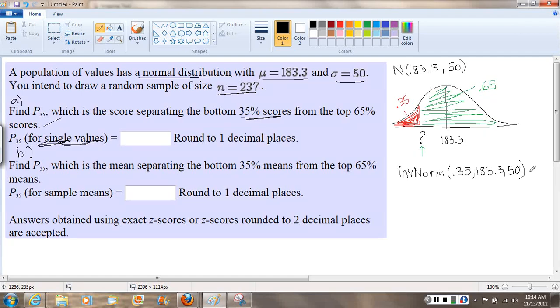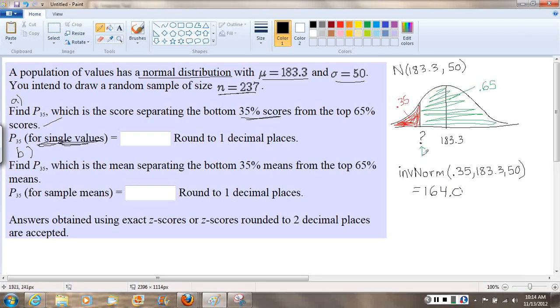So let's pull that up. We're going to do second vars on the calculator. Inverse norm is command number 3, and we put in 0.35, comma, 183.3, comma, and 50. When I do that, the value we get is 164.03. They want one decimal place, so it rounds to 164.0.